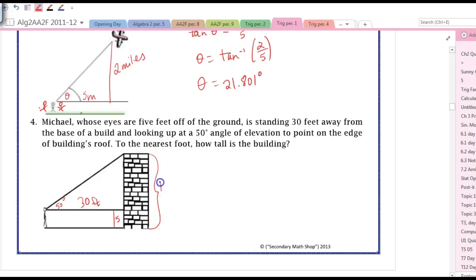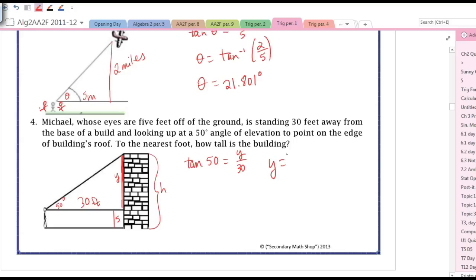Oh, it's a little more intricate this time, is it not? Yeah, so basically if we use this triangle, we're going to call this piece of it here y, because that is the direct part of the triangle. So I could use a tangent equation and say tangent of 50 is equal to y over 30, and that's fine.